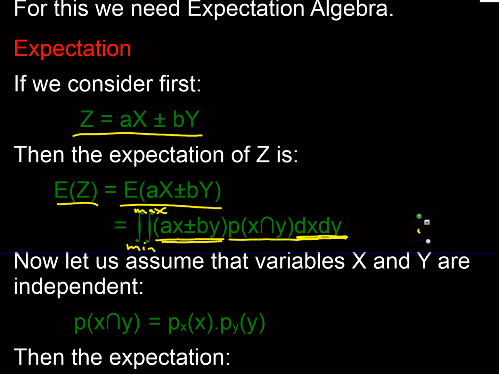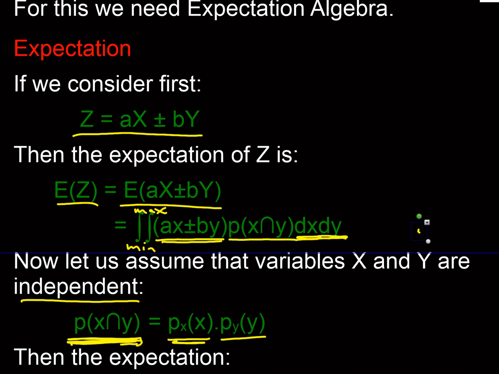Now, the important thing now is to deal with this intersection here, the probability of X intersection Y. We need to simplify that. And we're going to do that by assuming independence between X and Y, and therefore we can replace the probability of X and Y with the probability of X multiplied by the probability of Y, and that's what I've written here.